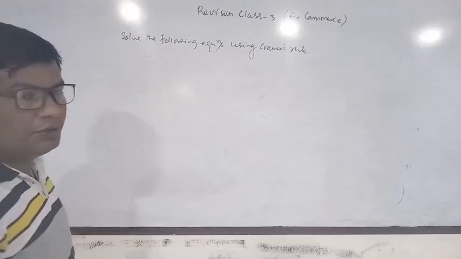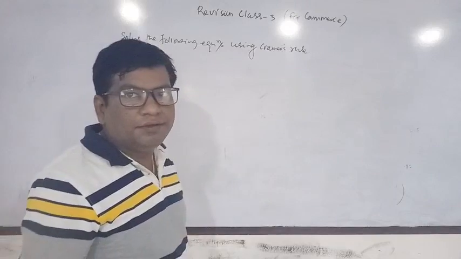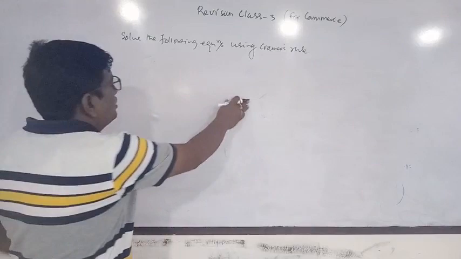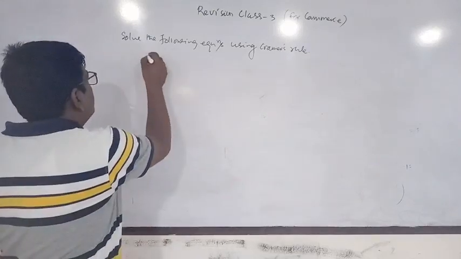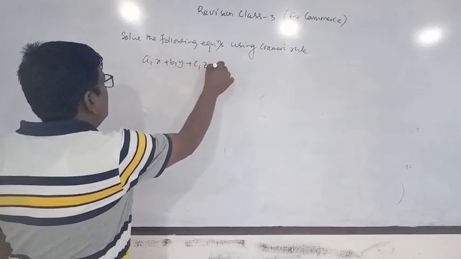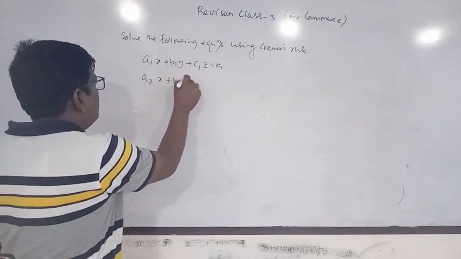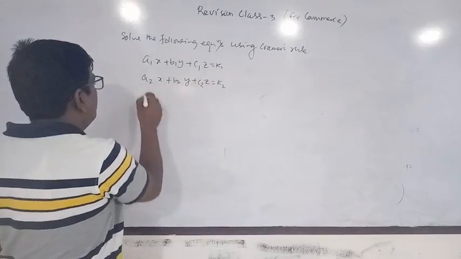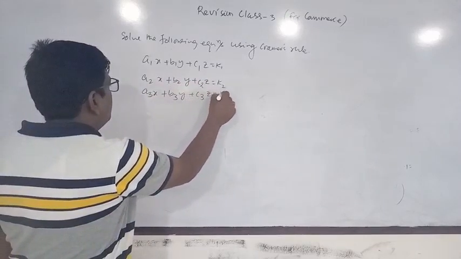From this question you will get the concept of the three variables. Suppose the general question is a1x plus b1y plus c1z is equal to k1, a2x plus b2y plus c2z is equal to k2, a3x plus b3y plus c3z is equal to k3.